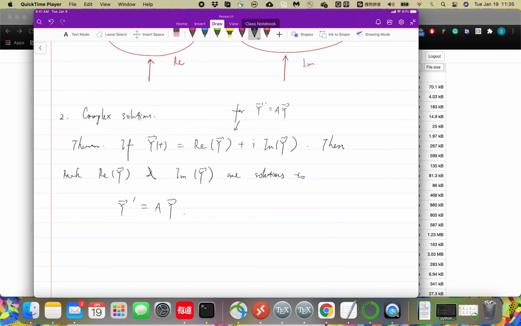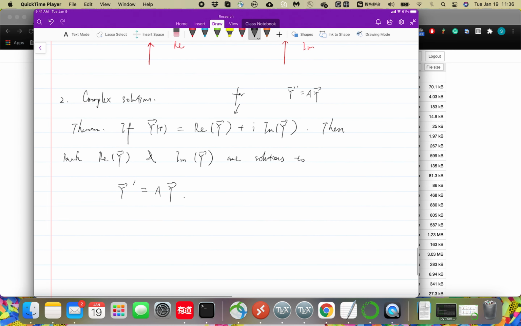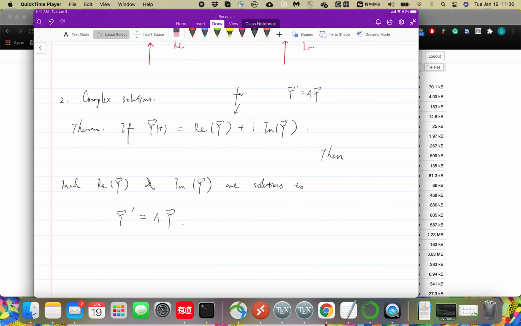So assuming you already have a y and this y satisfies the diffeq. For y satisfying, we better just be careful here. Hopefully I don't have to rewrite anything. Okay. For y satisfying y prime equals Ay.